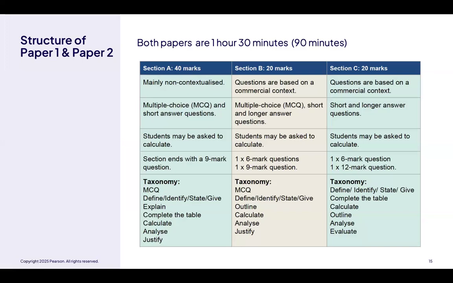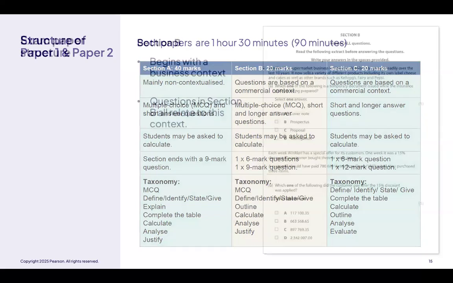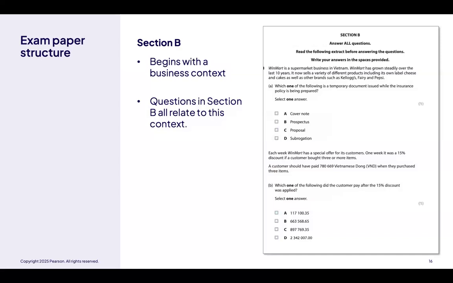So again, I hope that's another really useful slide. So can I exemplify that a little bit? So section B, what does this contextualized mean? Well, here's an example, and this is from this year. You can see that section B, answer all the questions, and we have this context. Winmark is a supermarket business in Vietnam. Winmark has grown steadily over the last 10 years.